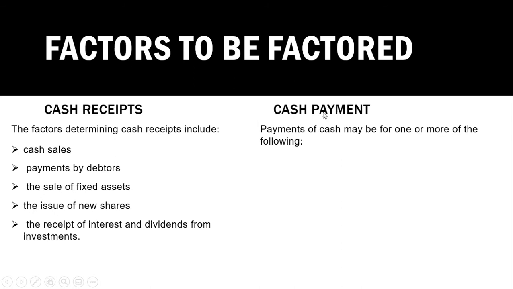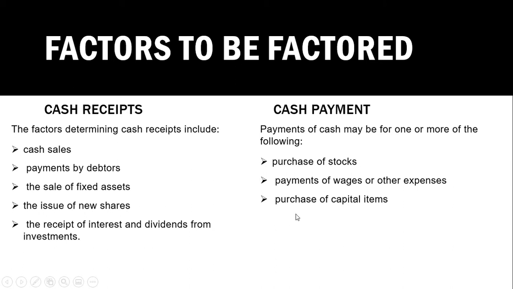Now, what are the cash payments? Payment of cash may be for one or more of the following items. Purchase of stocks. When you're buying stocks, cash will flow outside. Payment of wages or other expenses, you'll lose your cash.